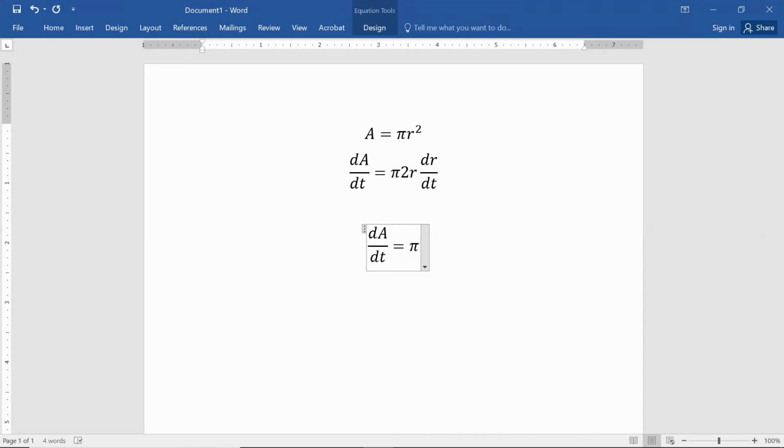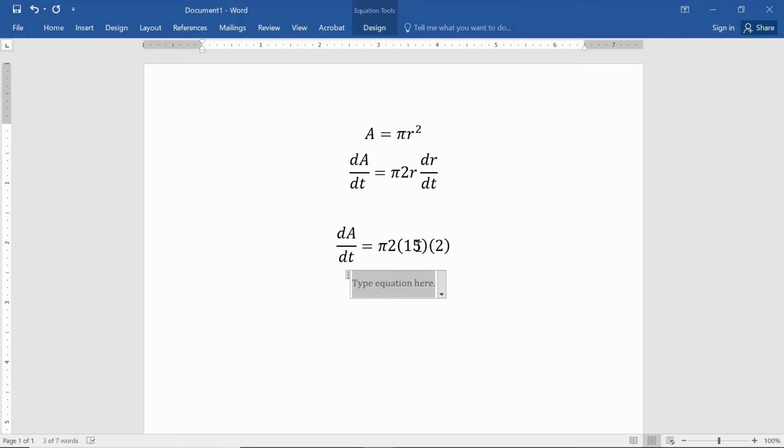We know that is pi times 2 times my radius times my rate of change of my radius. So the radius's rate of change is the derivative of r with respect to t. In our case, we said the radius is 15 and the rate of change is 2 centimeters per hour.